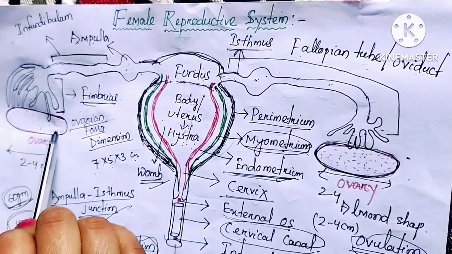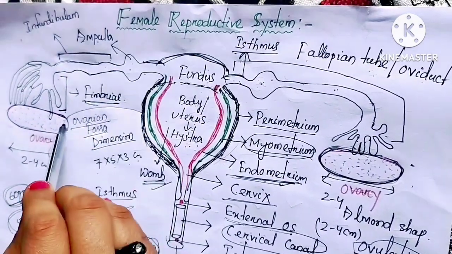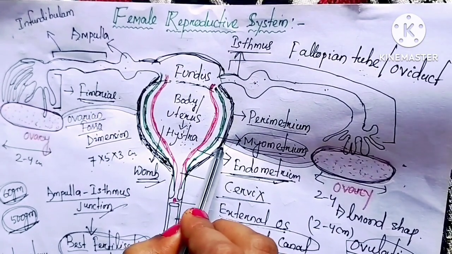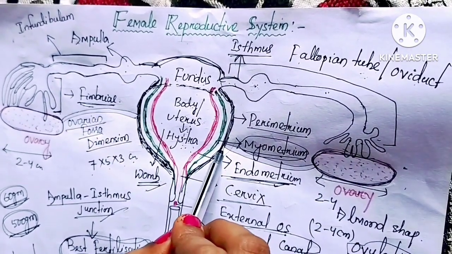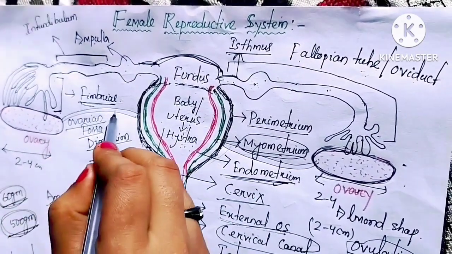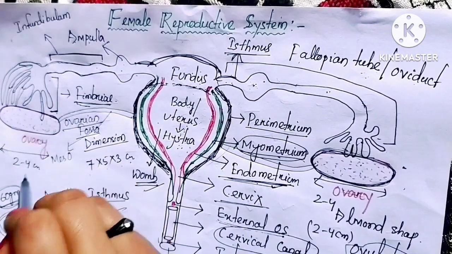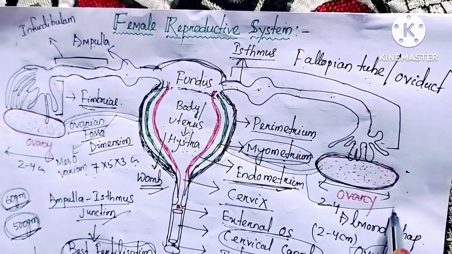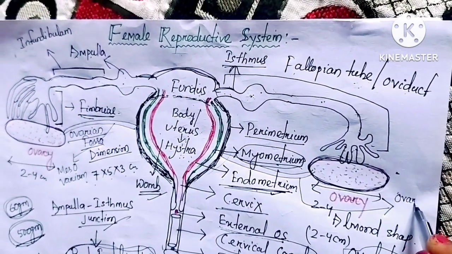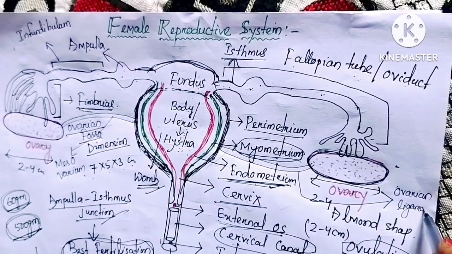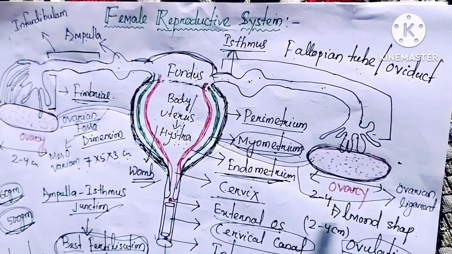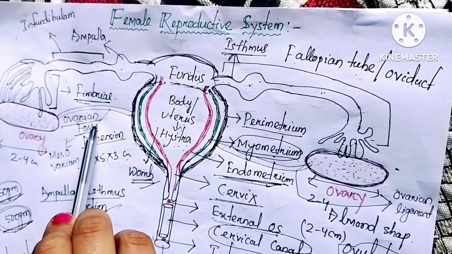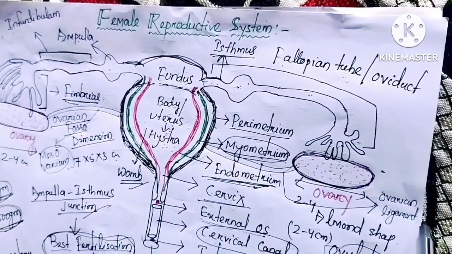The two ovaries are connected to the uterus by a broad ligament through the mesovarium and the ovarian ligament.